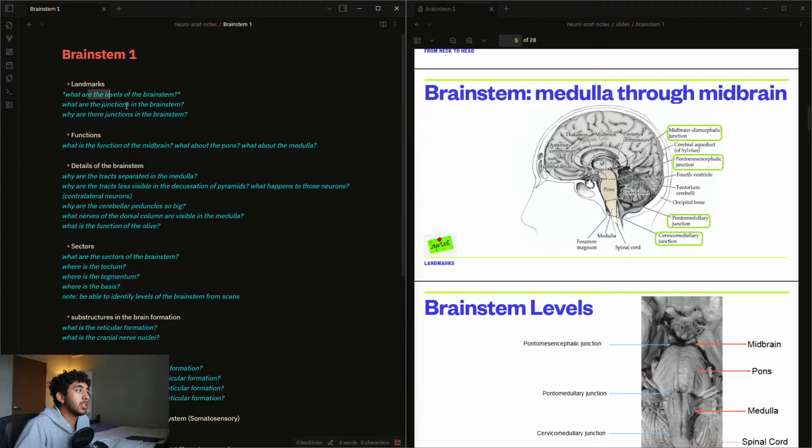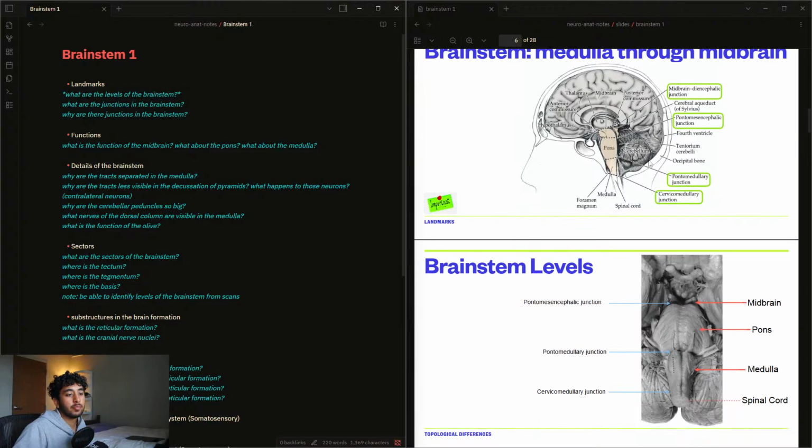What are the levels of the brainstem? There are landmarks, so let's try answering these questions. I don't know, but I'm seeing some junctions. I'm seeing 4 junctions, but only 3 here. I'm sure the other is further up.